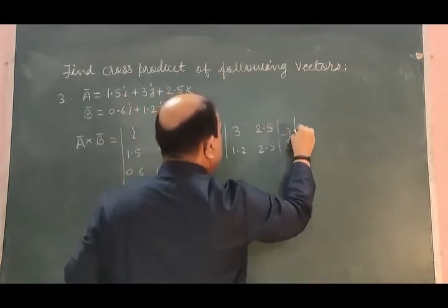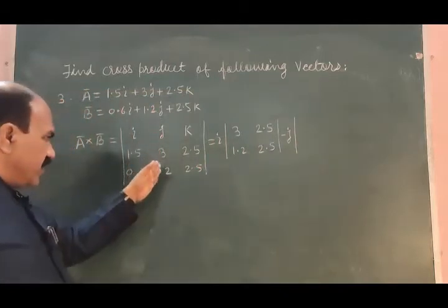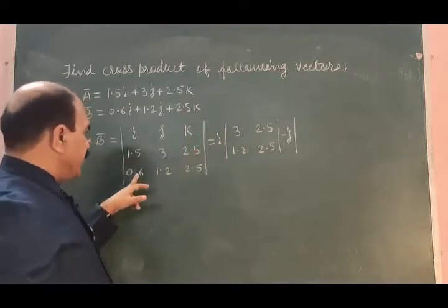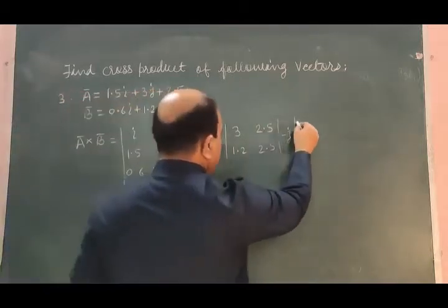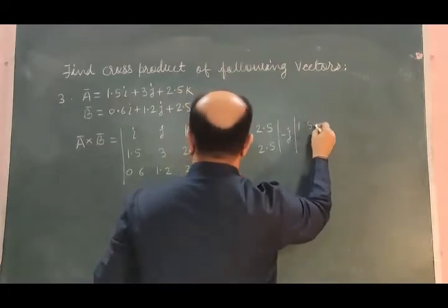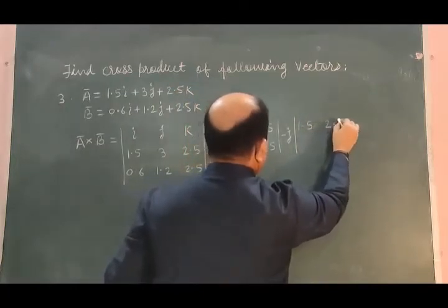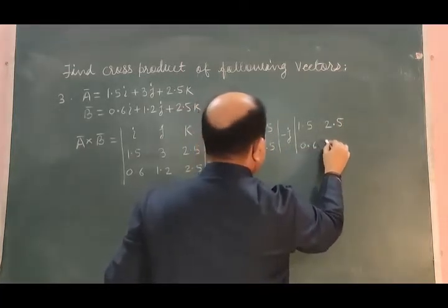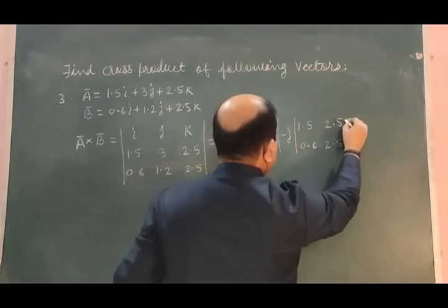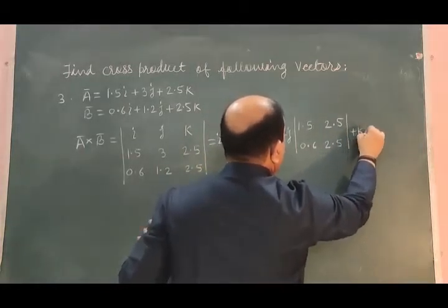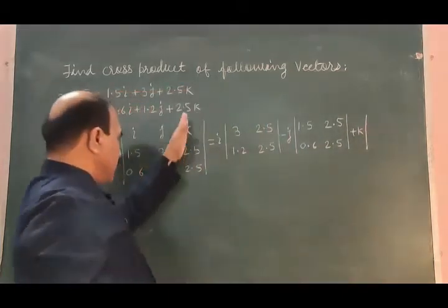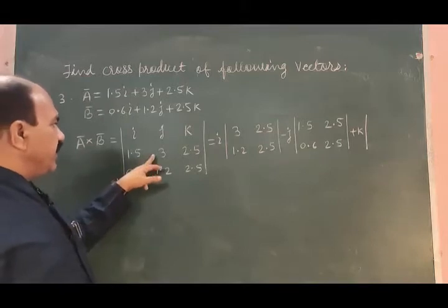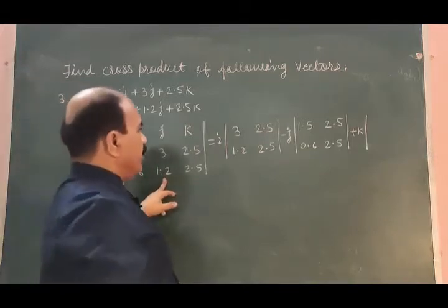Minus j, this column skipped, this row skipped, 1.5, 2.5, 0.6, 2.5. Plus k into, this is skipped, this is skipped. What is left? 1.5, 3, 0.6, 1.2.